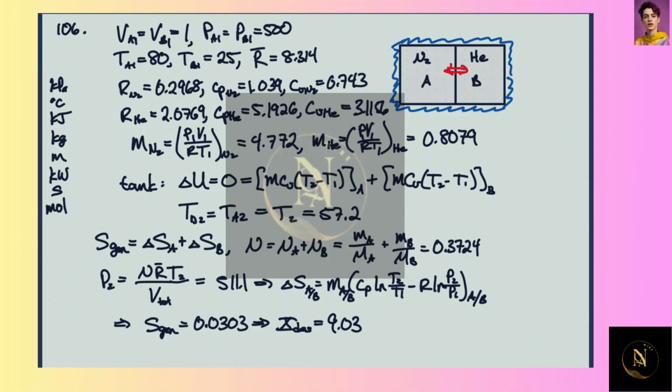So for nitrogen, it is 28. And for helium, it is 4. So that gives us a total number of moles of gas in this tank of 0.3724 kilomoles.